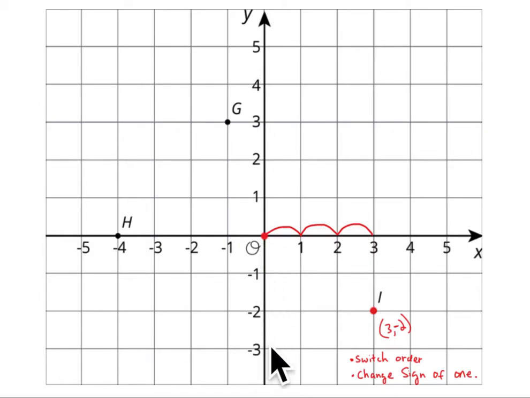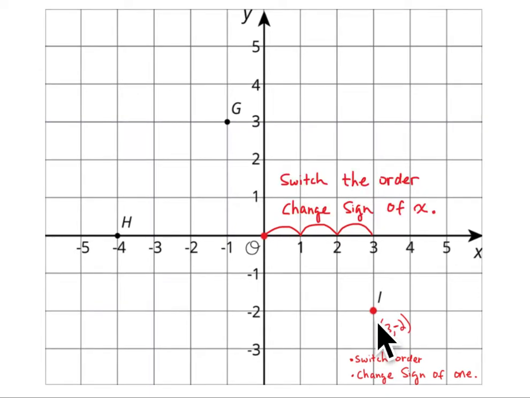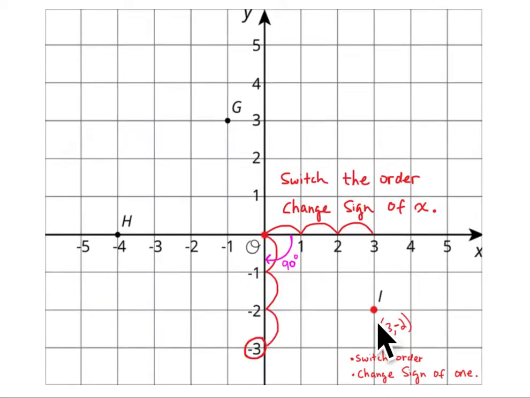So this x value switches to y, and it becomes a -3. That's the change in sign. So I'm going to count down, switch the order, change sign of x. I'm going to count down, rotate it around 90 degrees, count down 3 units. So I've moved the x value to the y position, and I've changed the sign.